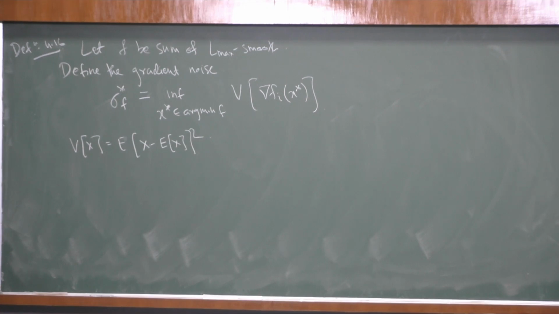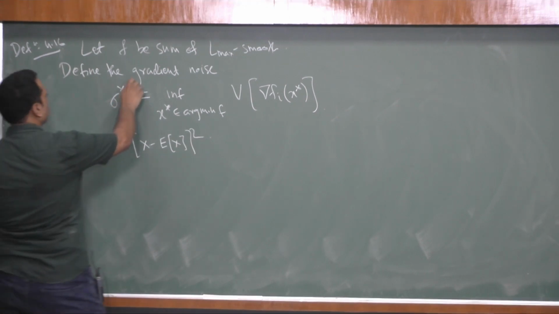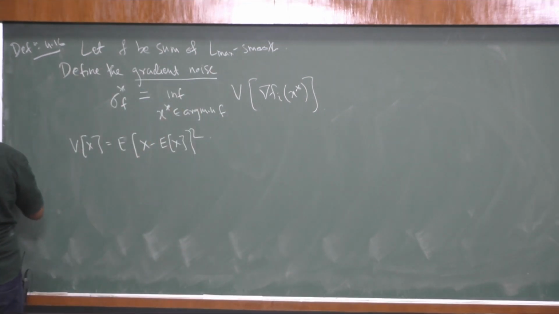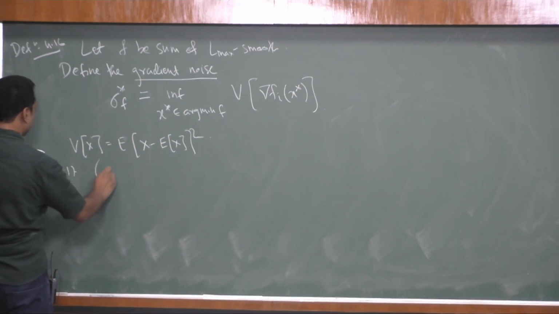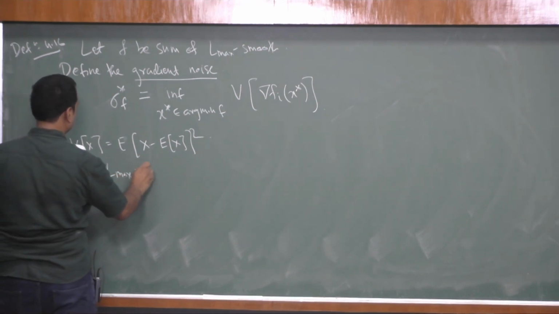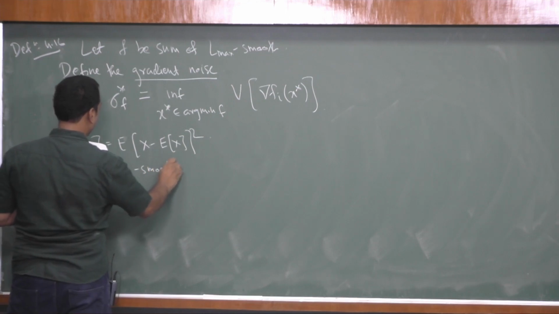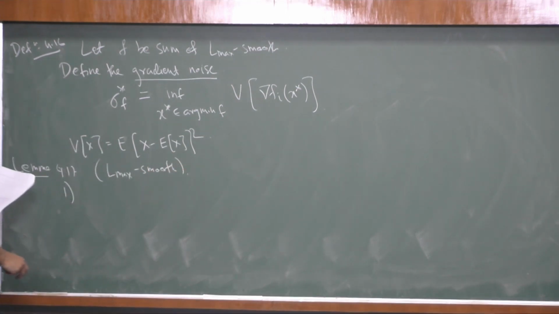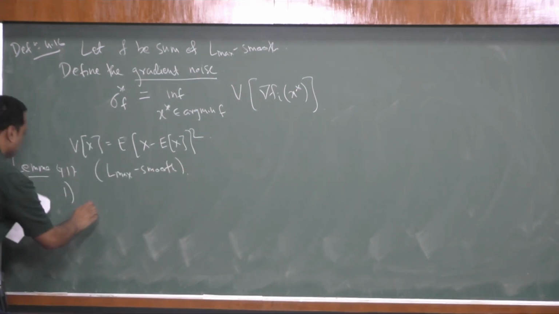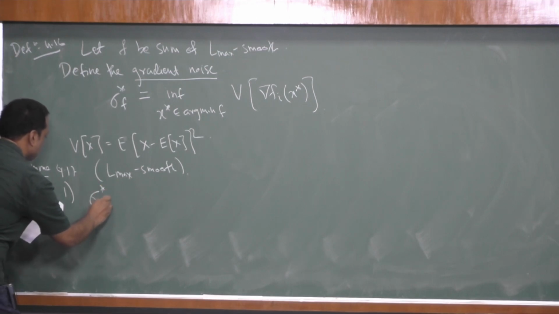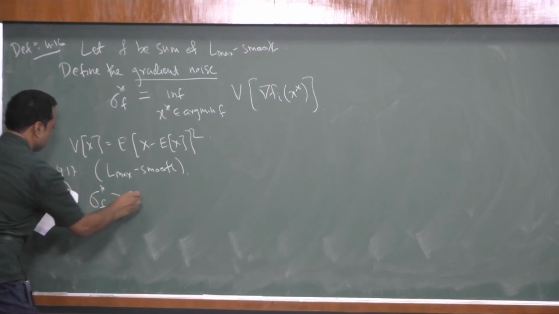So for the gradient noise, what are the properties we can have, right? So this lemma suggests some properties. So these are all L max smooth cases. The first result says that sigma star f is greater than or equal to 0.